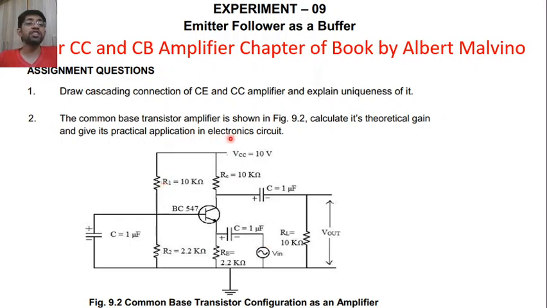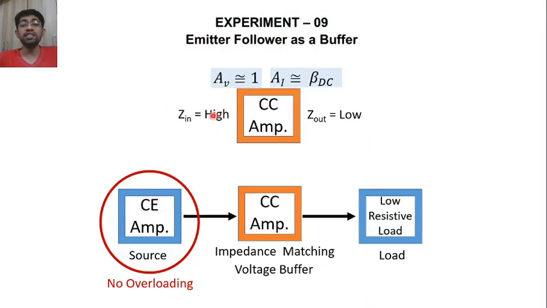About practical application in electronics, for CB configuration: in CC configuration we have high input impedance and low output impedance, and exactly the opposite occurs in CB configuration. So CB has low input impedance and high output impedance.